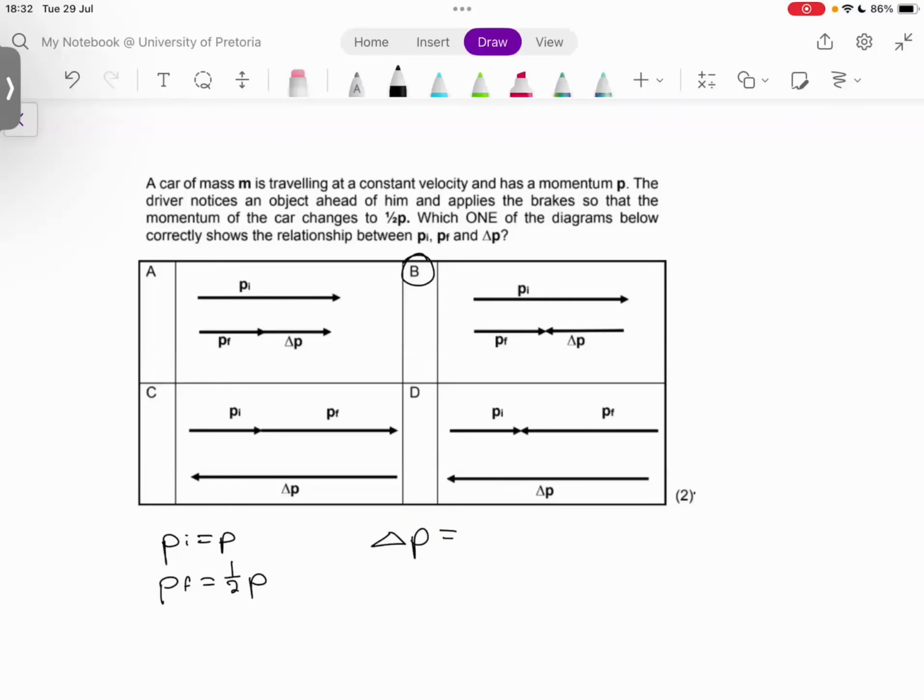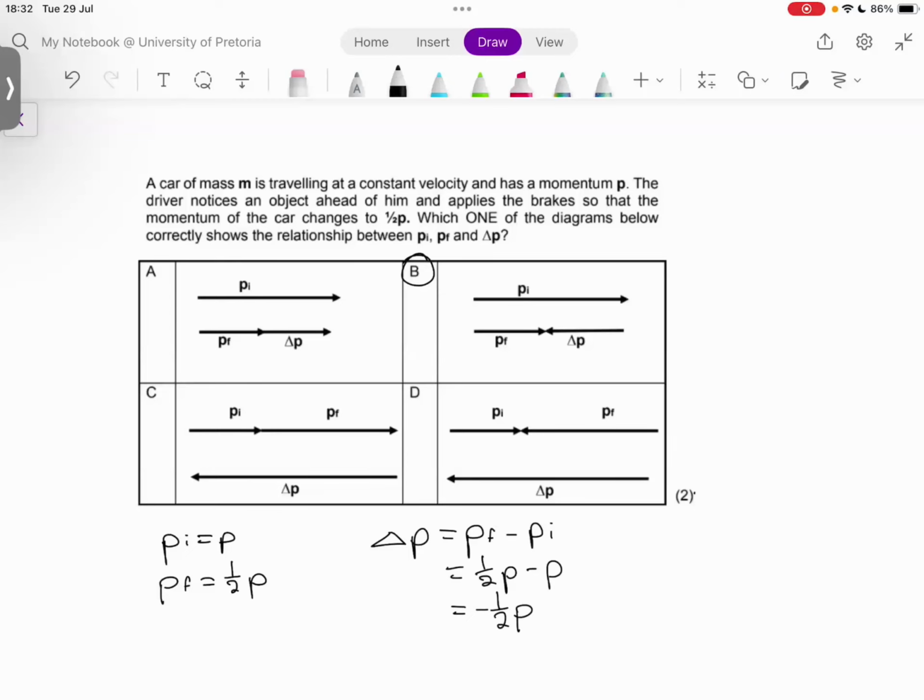So delta P is equal to PF minus PI. That is then equal to half P minus P, which is minus a half P.